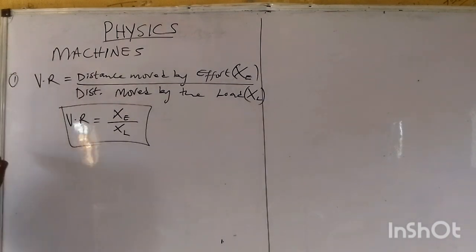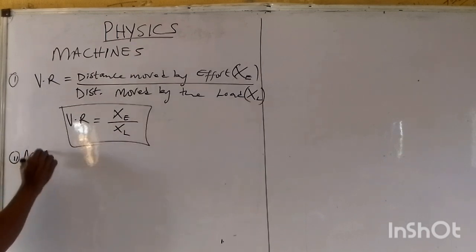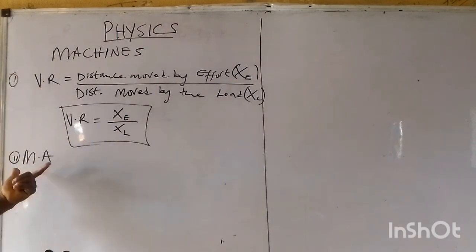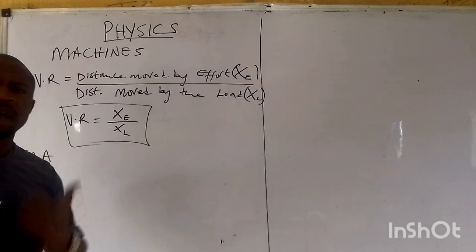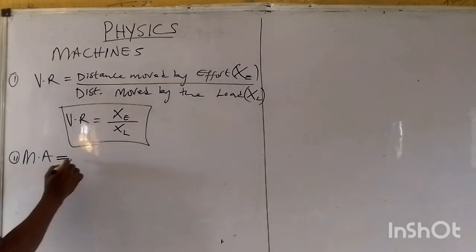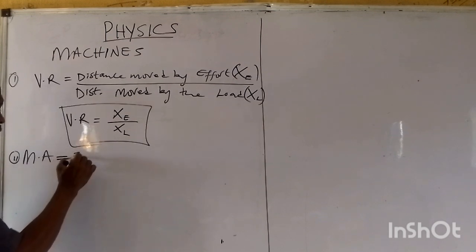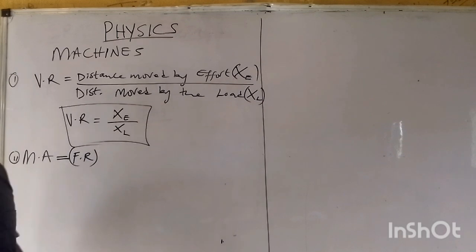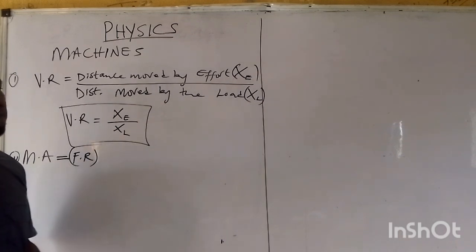Now, we have the second one, which is the mechanical advantage. We can use the short form VR for velocity ratio, and I can use the short form MA for mechanical advantage. This mechanical advantage is also known as the force ratio, because it is a ratio of two forces.